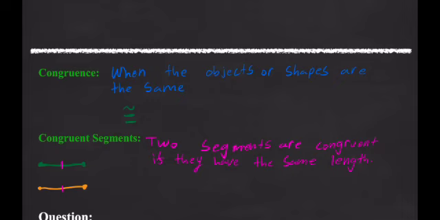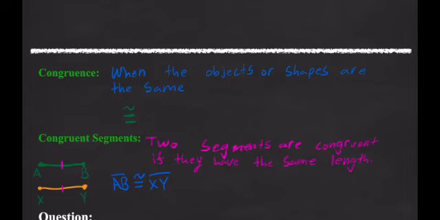Let's say the first line segment is AB, and the last one is XY. This is how we would say it in shorthand. We would say that line segment AB is congruent to line segment XY. That's how we would write it. That's shorthand for saying two things are congruent.